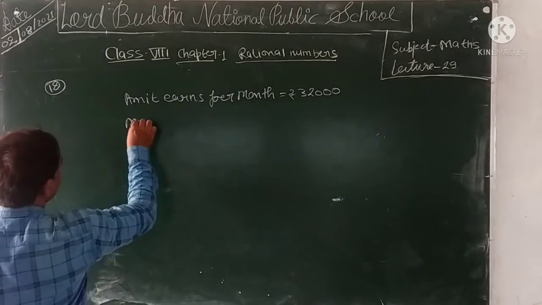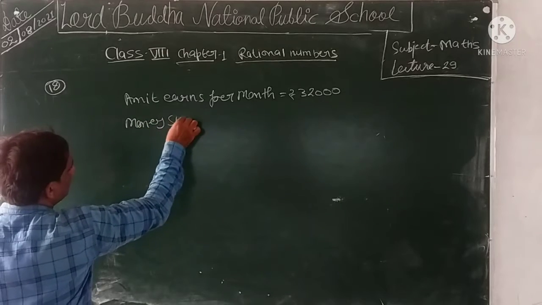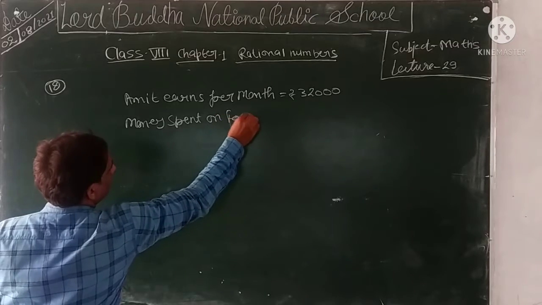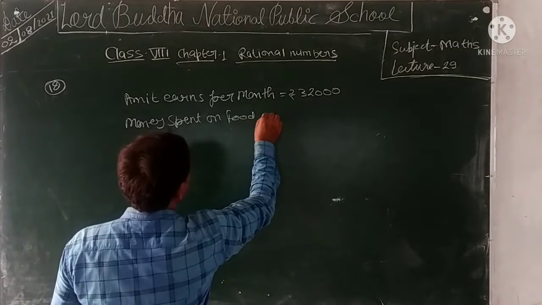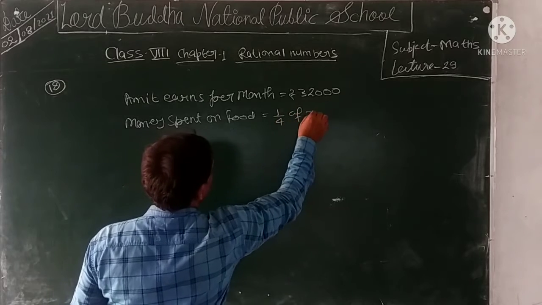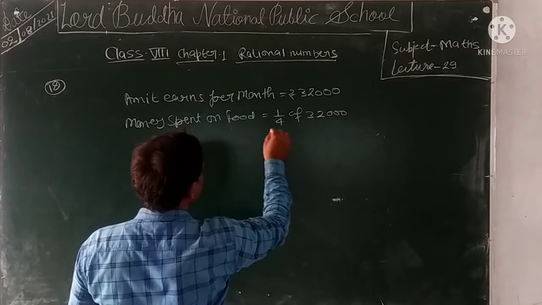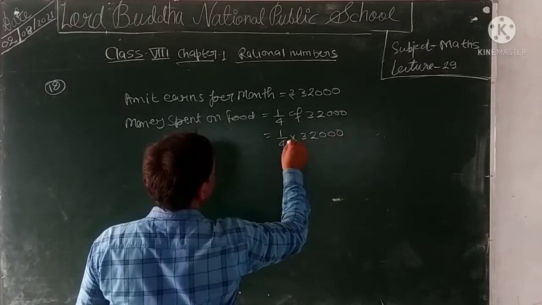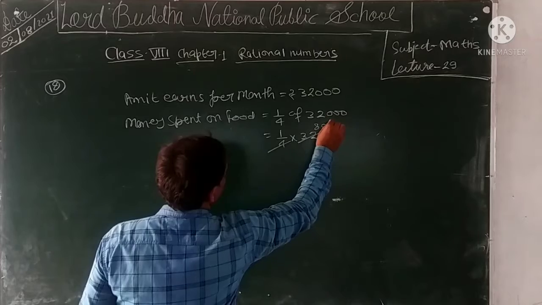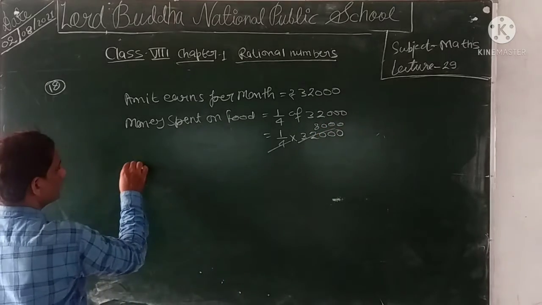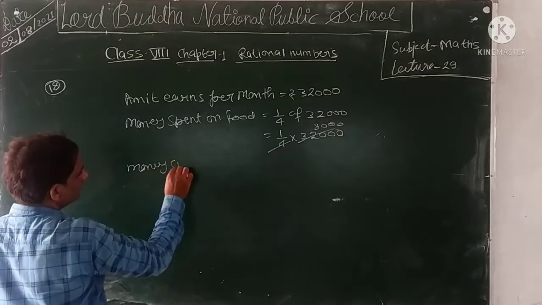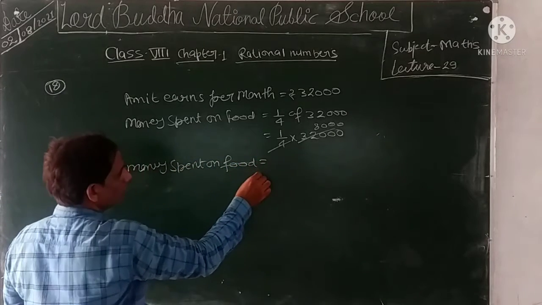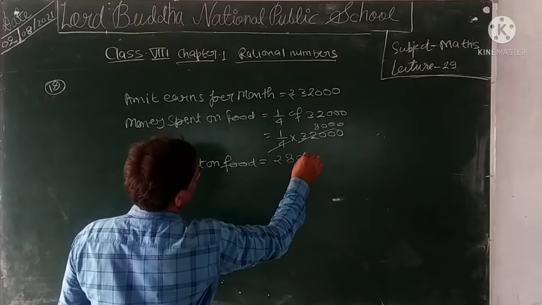Money spent on food equals 1/4 of total, 1/4 of 32,000, means 1/4 into 32,000, whole is 32, means 8,000. Money spent on food equals rupees 8,000.